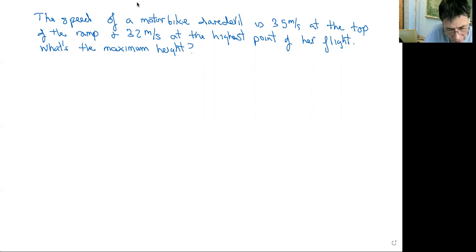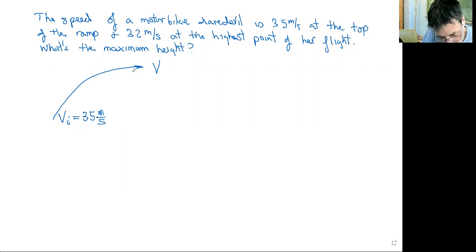So let me start with a little sketch of the problem. Here's my path from the launch ramp to the highest point. My initial speed on this portion of my trajectory is 35 meters per second. My final speed at this highest point is 32 meters per second.